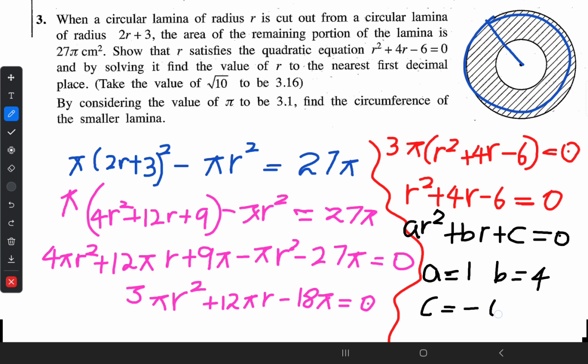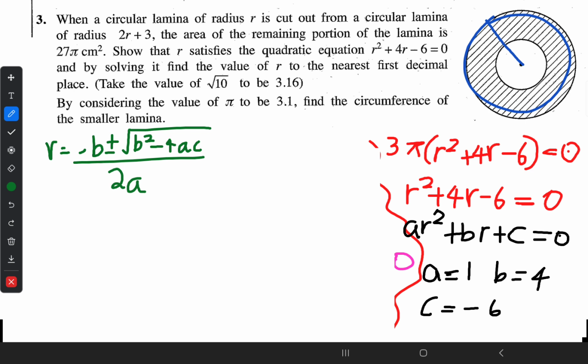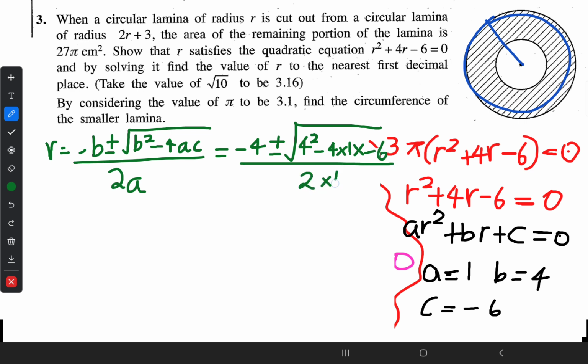Okay, let's write our quadratic formula and substitute our values. Negative b, b is 4, so negative 4 plus or minus the square root of 4 squared minus 4 into a, which is 1, into c, which is negative 6, multiplied with negative 6, divided by the denominator 2 into a, which was 1.